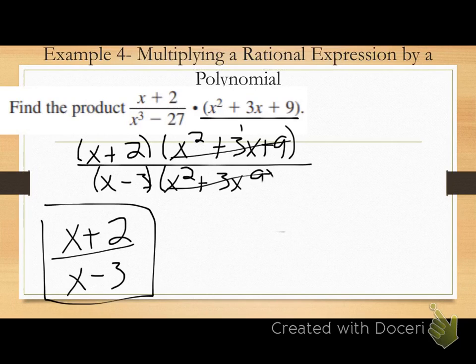What values could x not equal? Not 0. 3. X could not equal 3. And then I would have to set this equal to 0. X squared plus 3x plus 9.